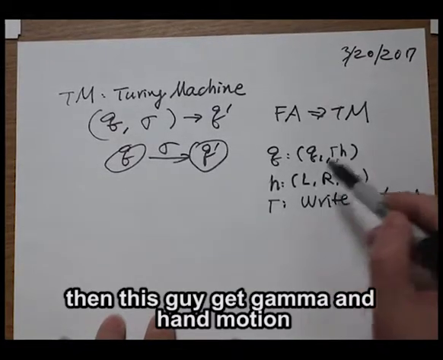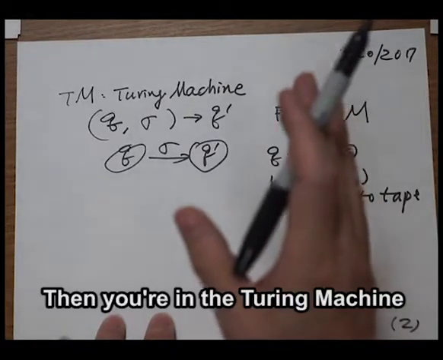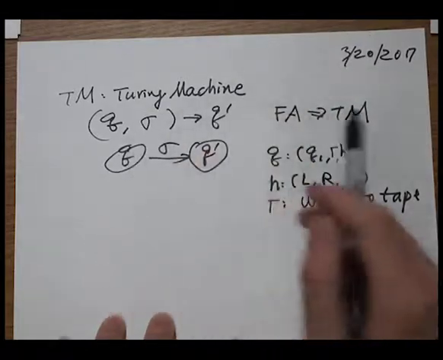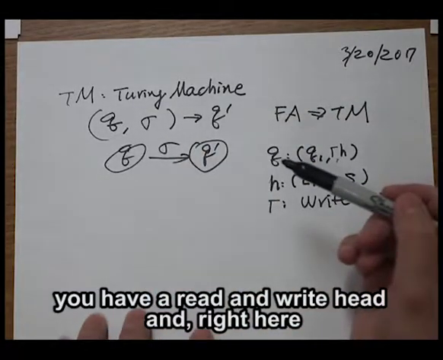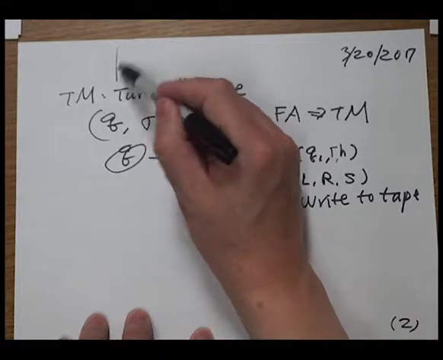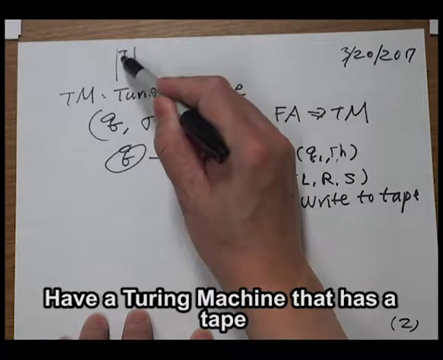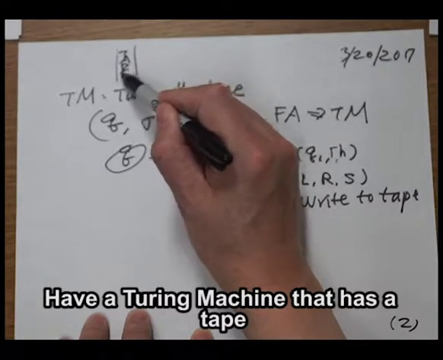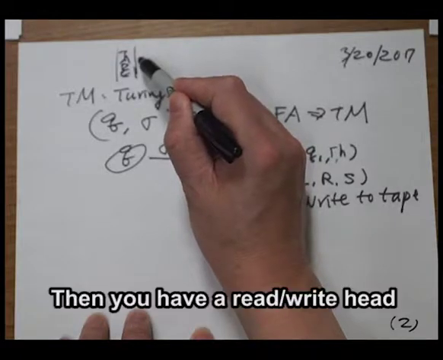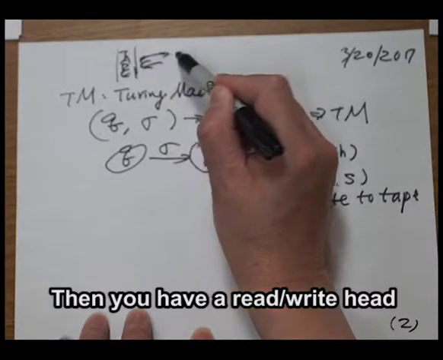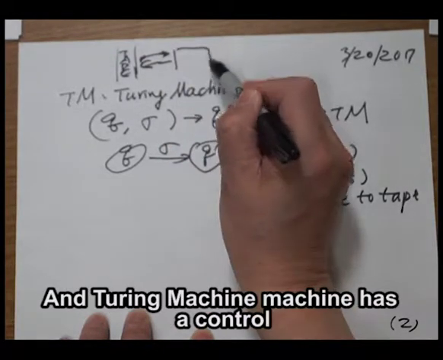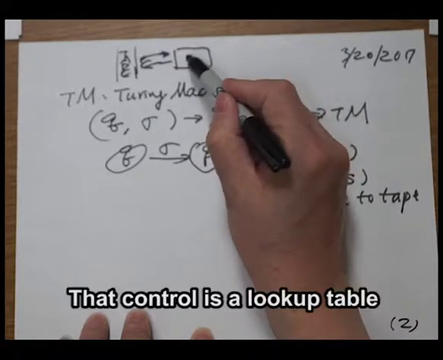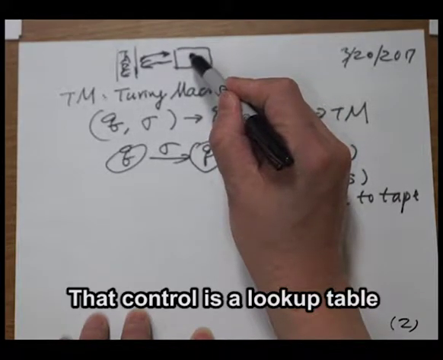And head motion. In the Turing machine you have a read-write head. And right here, the Turing machine has a tape, right? Then you have the read-write head, right? Then the Turing machine has a control, and the control is a lookup table.